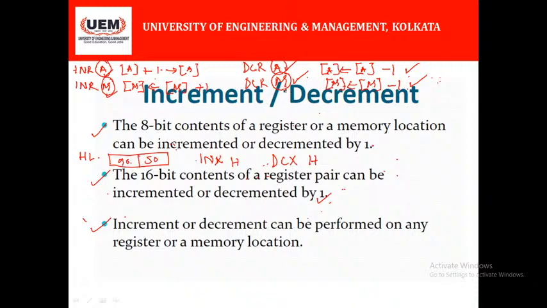Memory is identified by M. Before writing INR M or DCR M, we need to specify the address pointed to by M. So we write LXI H, then the address, say 9050. That indicates that the HL register pair is pointing to 9050, so 9050 is the memory location. Then we can write DCR M or INR M, not before that. So DCR M and INR M are dependent instructions.